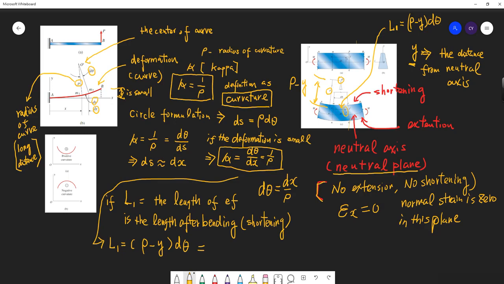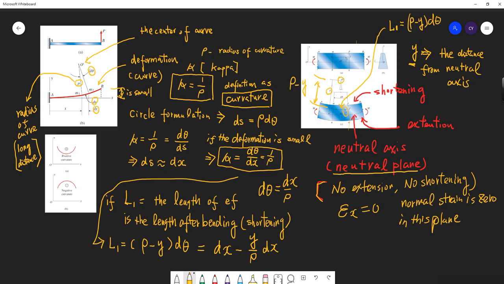So you can get the length as dx minus y dx divided by rho. So we can get the relationship of this. And we keep going. Please know in detail, do your best.